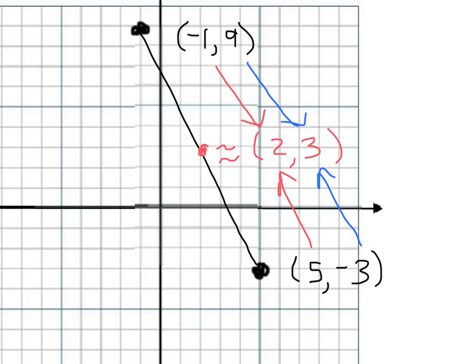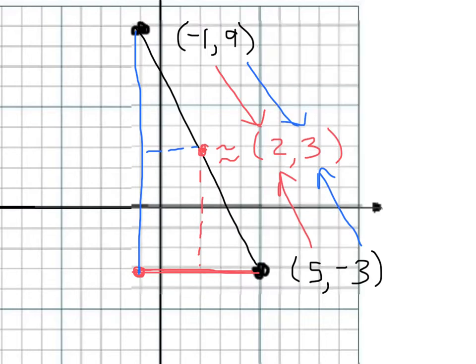Let's draw that on here. So we go over 6 units, and our midpoint looks to be right in the middle of that. How far is it from 9 to negative 3? Looks to be about 12 units. And our midpoint is right in the middle of that.